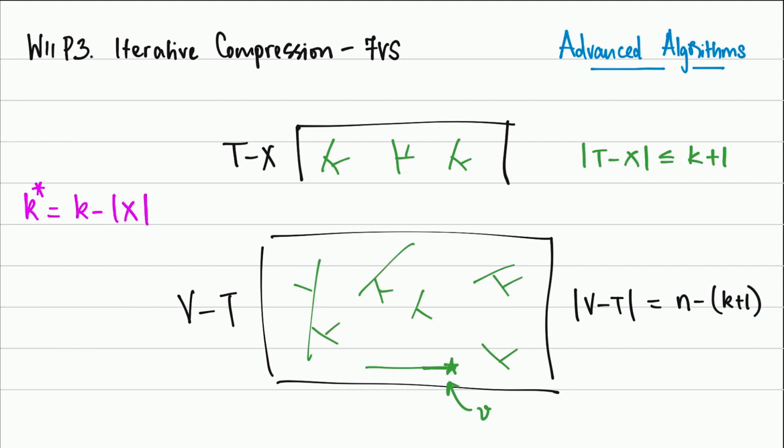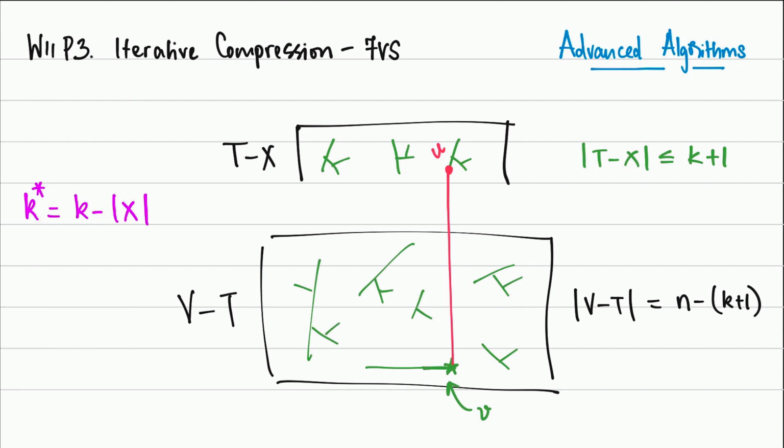Now where can this neighbor be? Well, it can't be in V minus t because it's by definition a leaf in a tree of V minus t. So the other neighbor must necessarily be in t minus x. So let's say V has a neighbor u in t minus x.